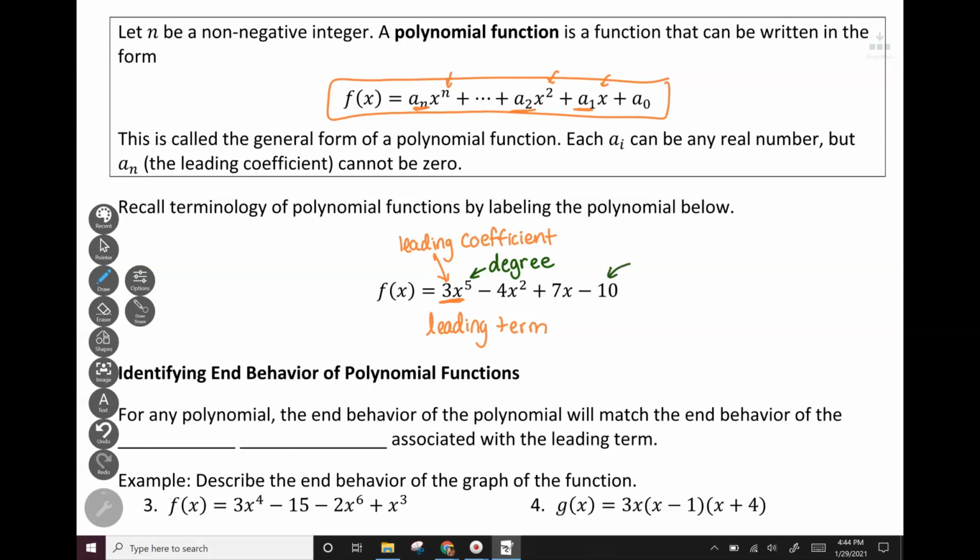This last one is called the constant term because it doesn't have a variable attached to it, so it is going to remain constant. And then the last thing I would say is that all of these, remember, are just considered terms.